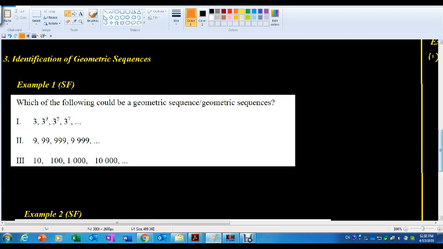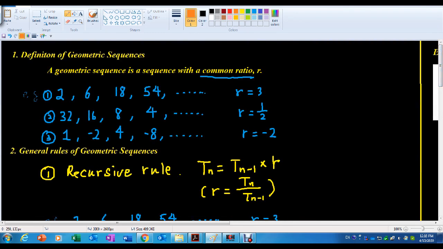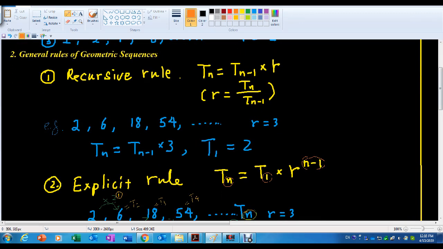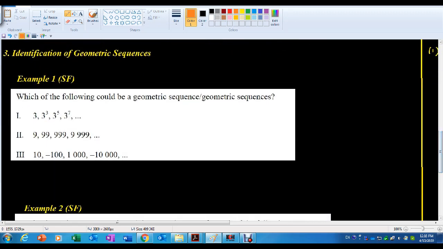Remember, the definition of a geometric sequence is a sequence with a common ratio r. How could we find that common ratio? You always use the term divided by its previous term. In this case, that's T1, that's T2, that's T3, that's T4, right?